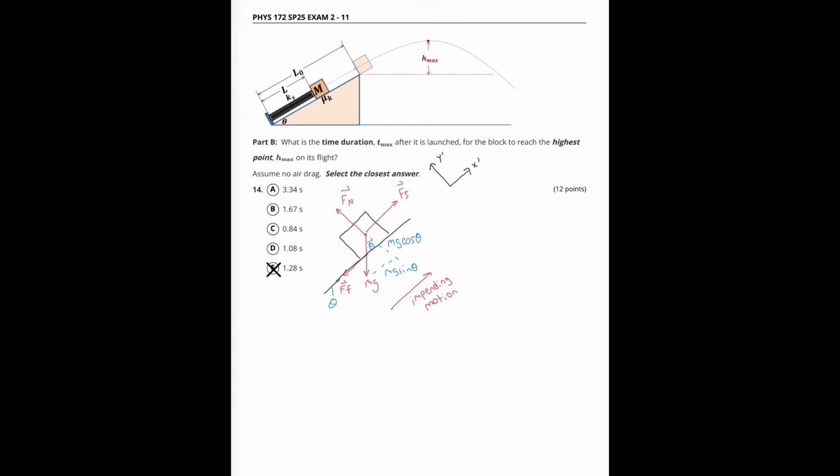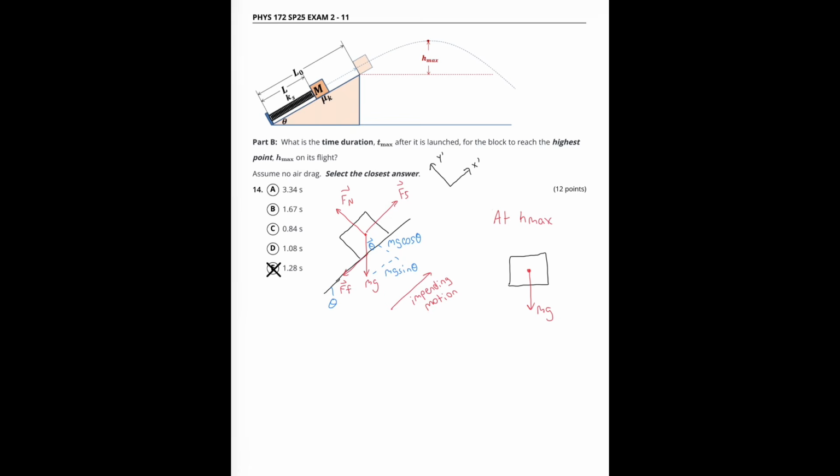However, at our h max, the free body diagram for our block will look different. Since we're no longer dealing with the ramp and spring, we have our box. And from center mass, we have gravity acting downward, mg, and that's our only force acting here.